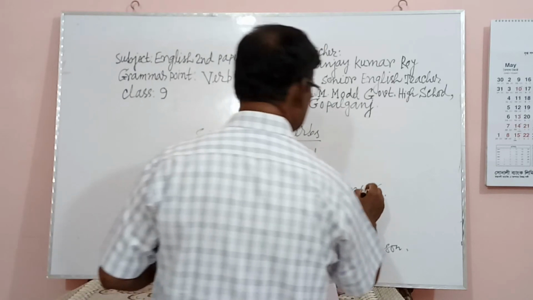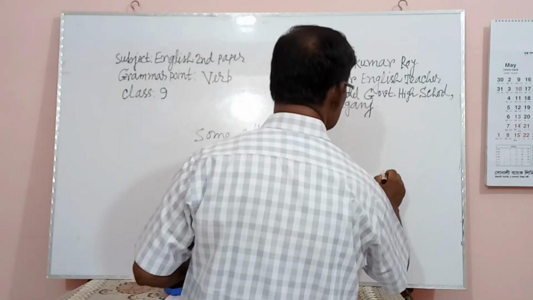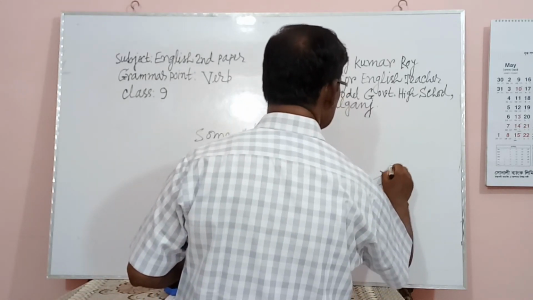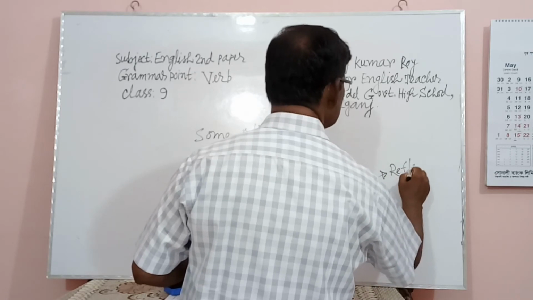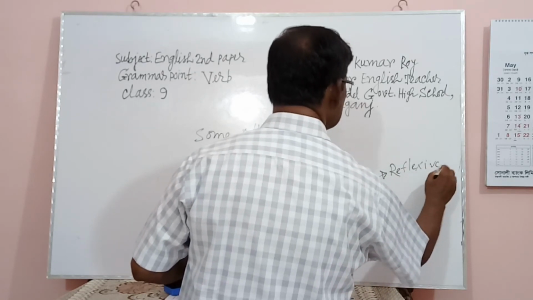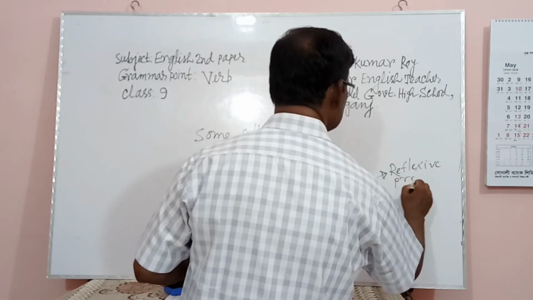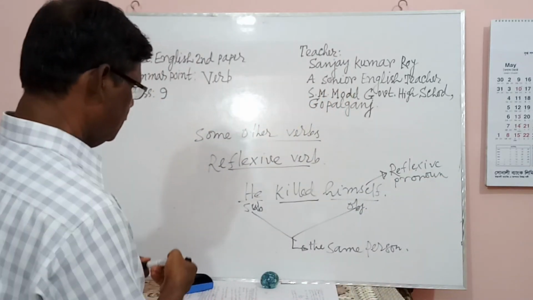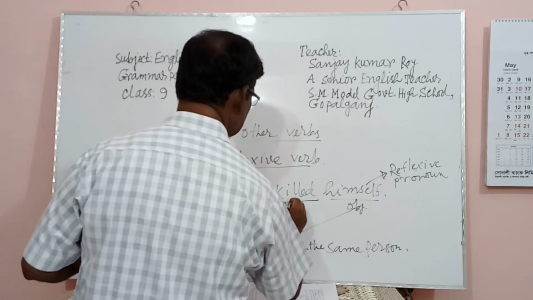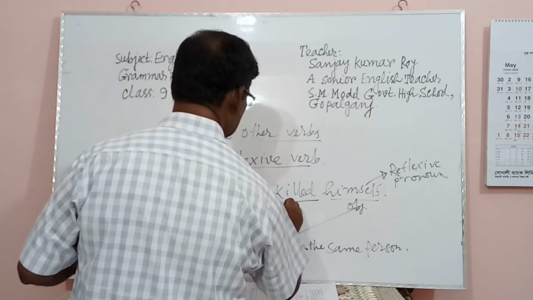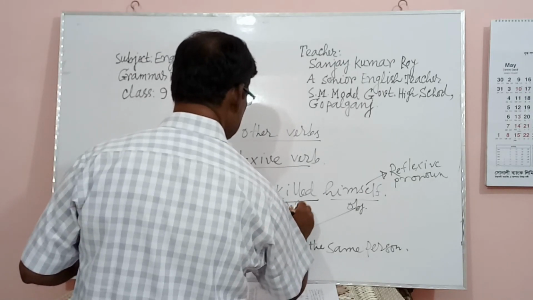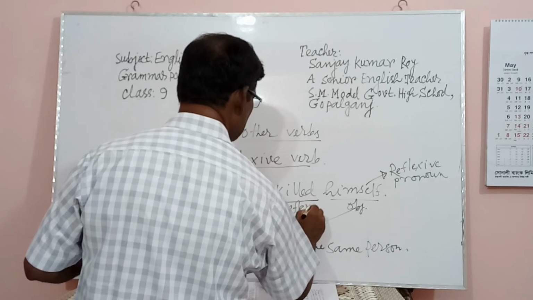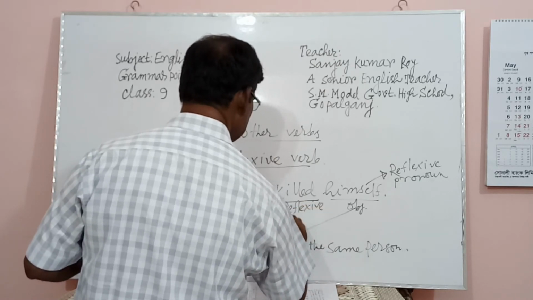And this object is a reflexive pronoun. This kind of verb, that is killed here, is a reflexive verb.